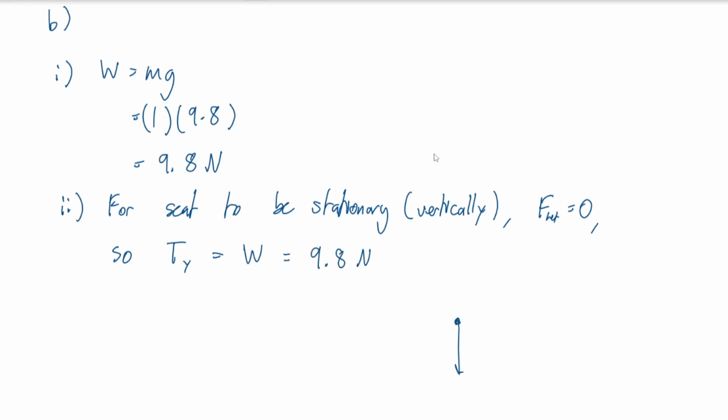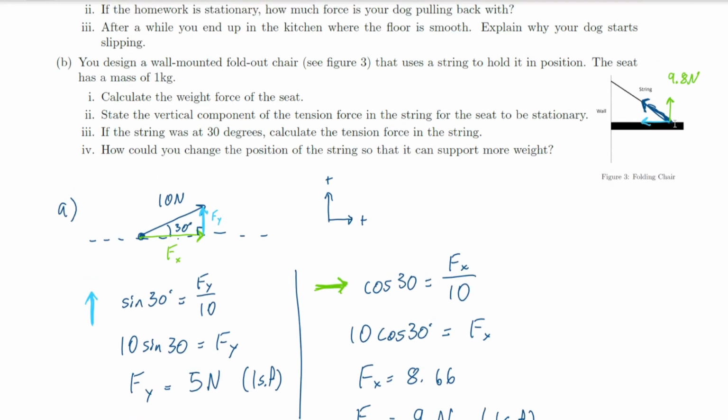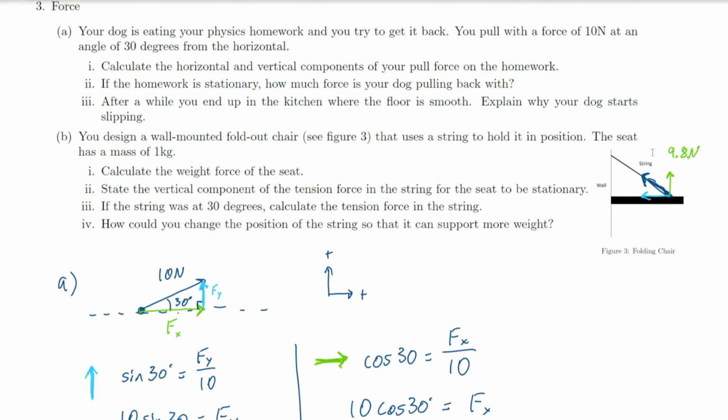Right, so we have the weight of the seat, and then we have the vertical component of the tension, and these are balanced. Now it is a little bit different because the center of mass isn't in line with where the string's attached necessarily, and then we need to do a torque analysis, but on the bigger picture, this is what is required of that tension force, right? Ignoring the torques, because it would sort of work itself out where it's attached to the wall.